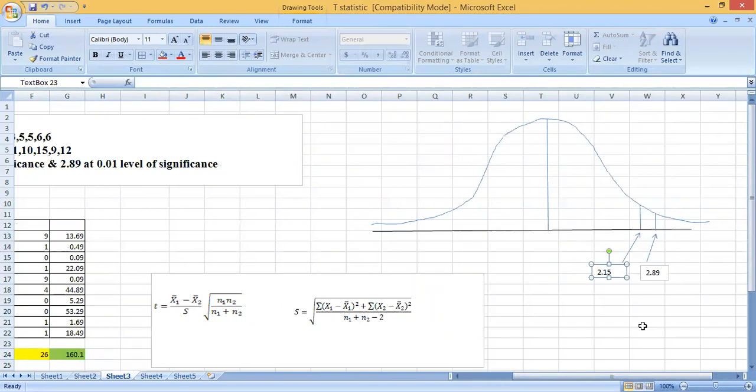So this is the critical value for the 1% level, and the calculated statistic is 1.88, and it is also to the left of this vertical line. It does not lie in the rejection region, so we are not able to reject the null hypothesis. Rather, we have to accept the null hypothesis.